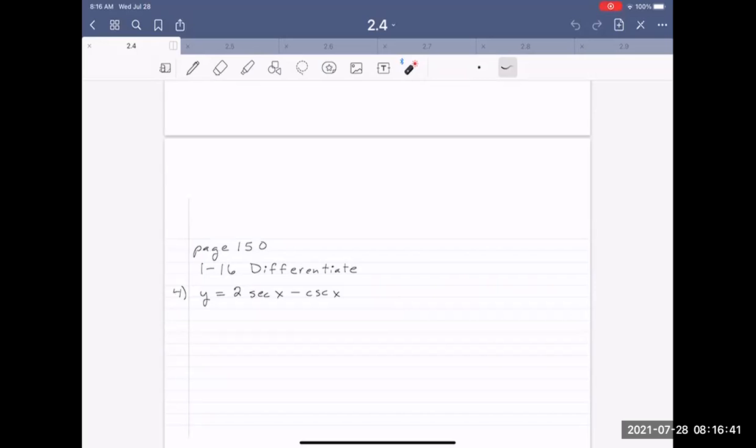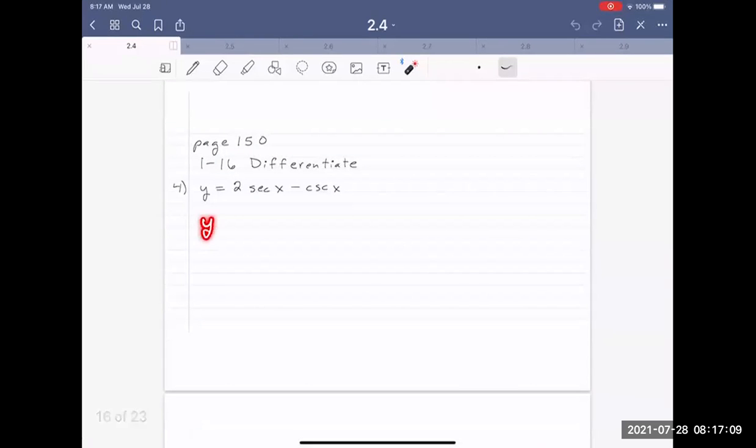We will assume without statement that x here is in radians. Unless otherwise stated, you always assume that all measurements are done in radian measure. Okay, so that makes this calculation nice.